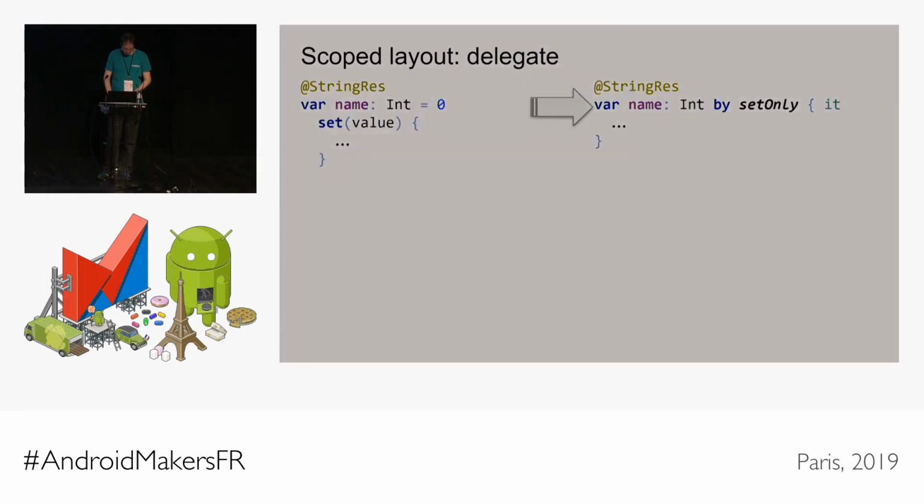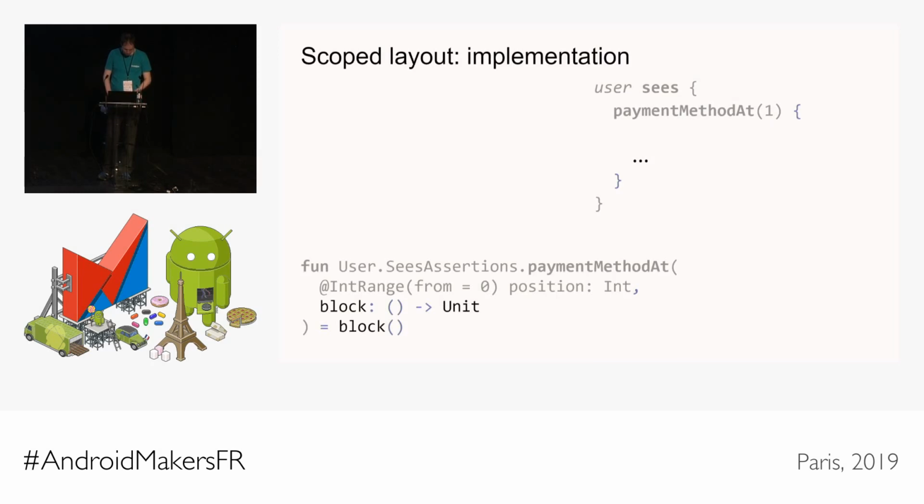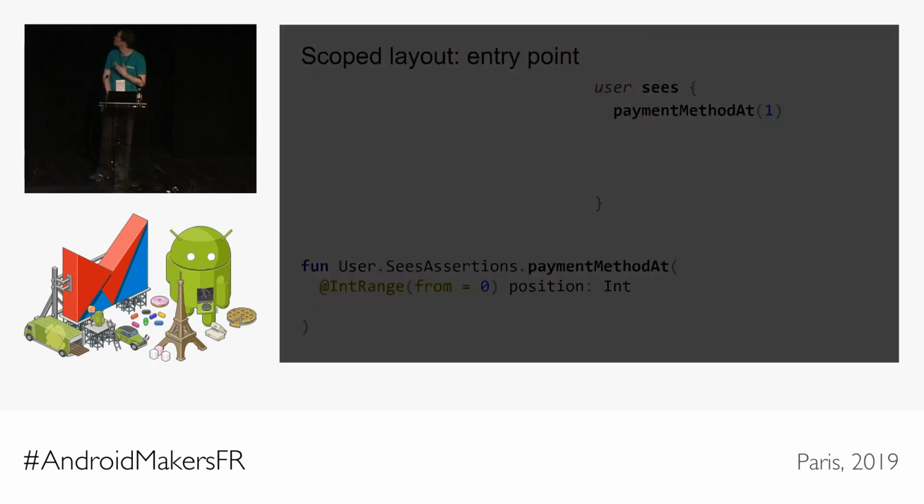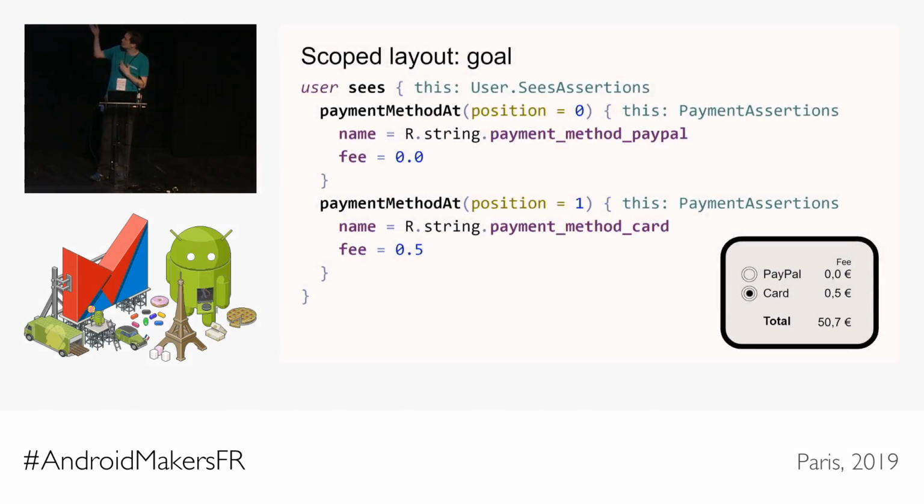So notice that in the payment method function we pass in the position there. So I'm verifying here that there are 2 items. The first item is exactly this, and the second item is exactly that. So that position parameter to the function gives us which item we are working on, and then the name and the fee is validated for that specific row.